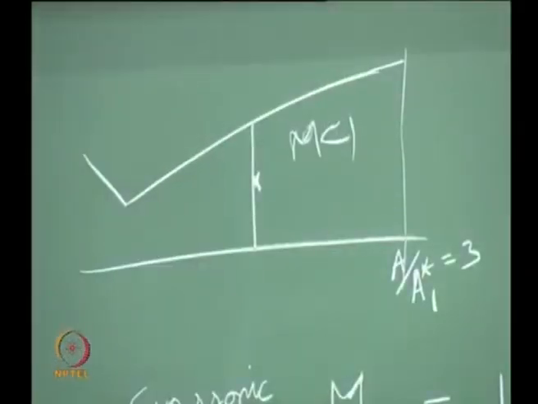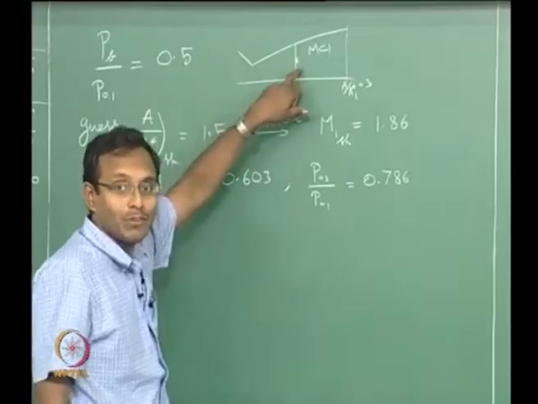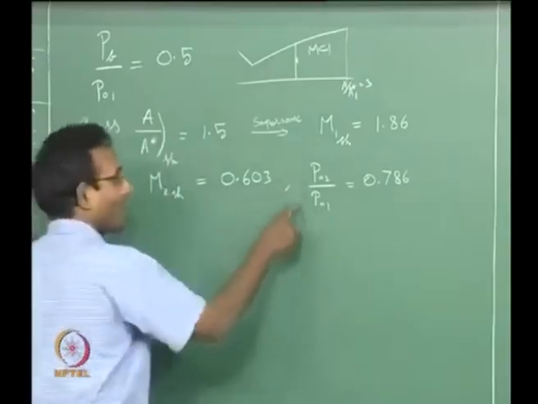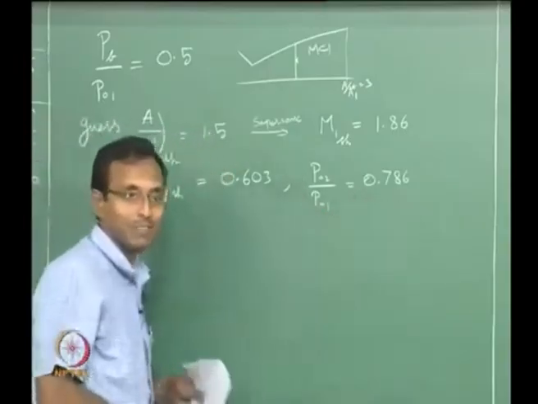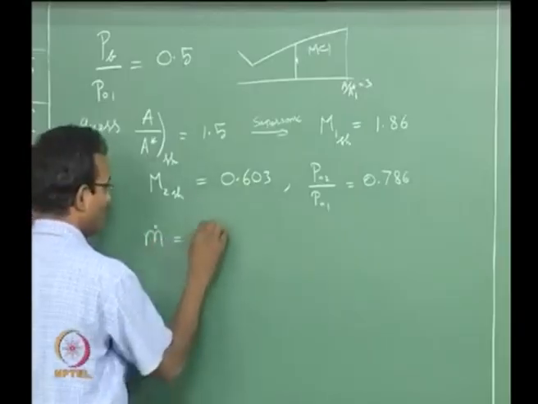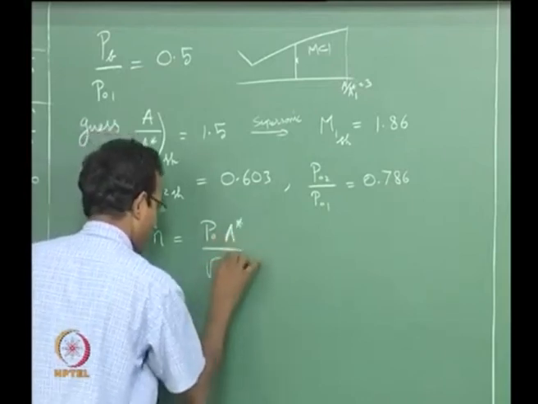Why? Since my P naught dropped, my A star would have increased. That is where you have to think again. I know my P naught has dropped to roughly 78% of the previous value, which means for the same mass flow rate to go through, I know my function looks something like this.